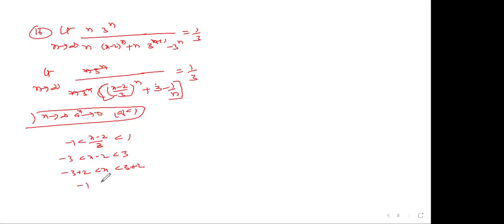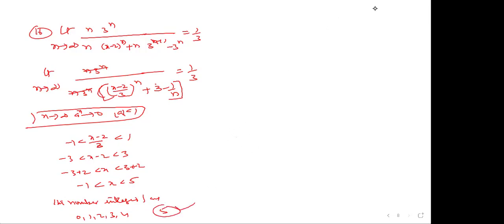So what you are getting here? x, minus 1 less than, here it is 5. So how many integers are there in this one? The number of integers: 0 is there, 1 is there, 2 is there, 3 is there, 4. So overall, how many? 5. 5 is your answer.